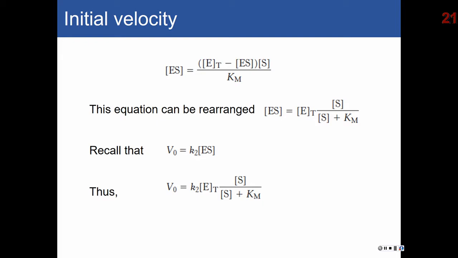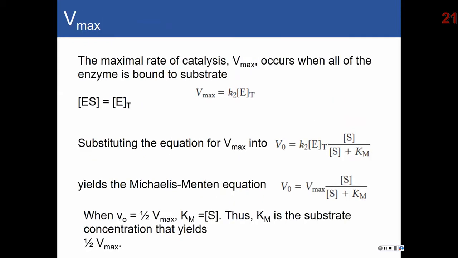But because we know that initial velocity is K sub 2 times the enzyme substrate complex, we can now plug that in here, giving us our initial velocity. So now we know our initial velocity. We know how that relies on our concentration. We know how that relies on our rates.